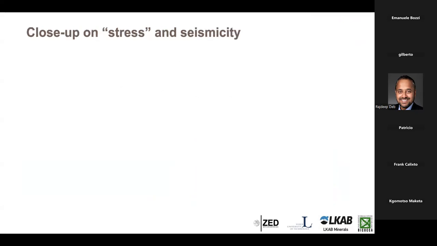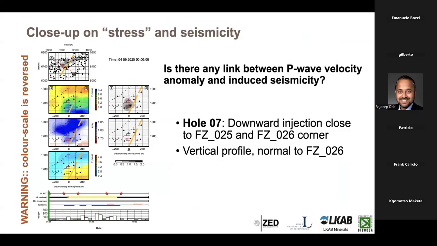If we have a close-up look at the stress and seismicity, we see hole 7 again, and I give you a warning. Unfortunately, I forgot I have the reverse scale, so blue now is high P wave velocity anomaly.